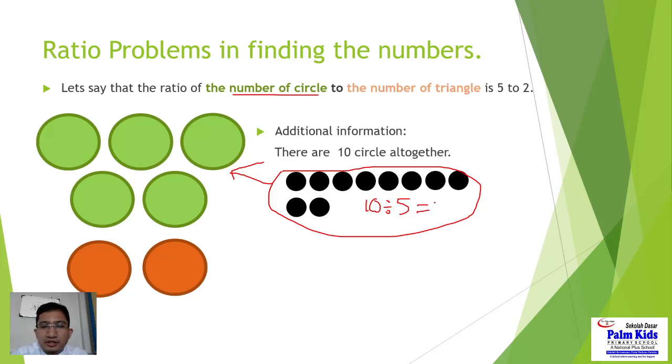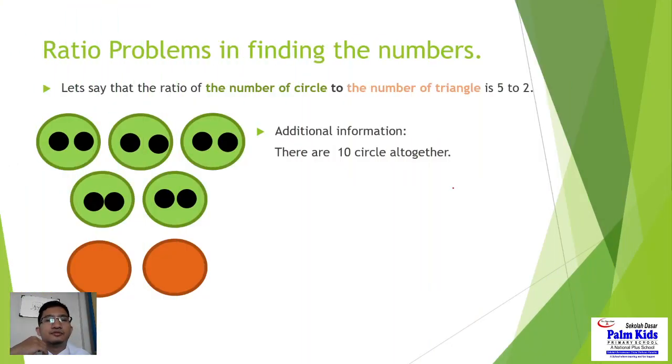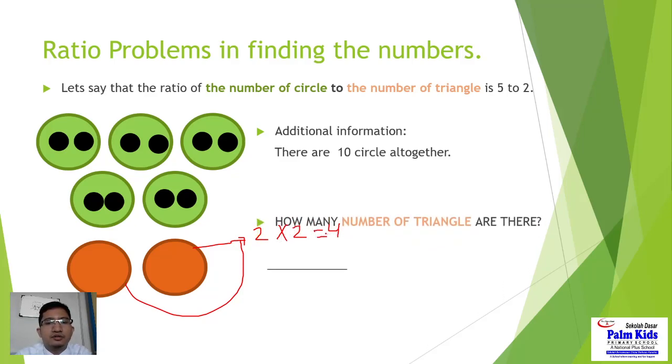So each part will be 2. So you get 2, 2, 2 in each of these parts. Same thing with the top. So if there are 2 in each part, we also have 2 parts multiplied by 2 triangles, which equals 4. So if they ask you how many triangles there are, we can say that there are 4.